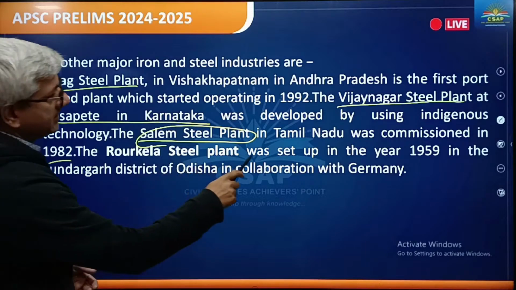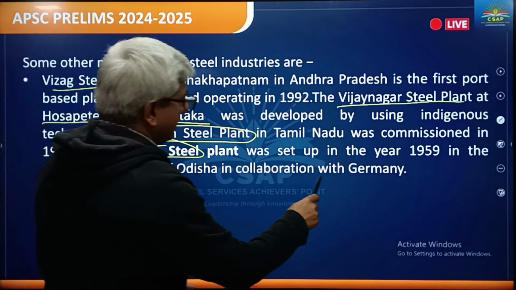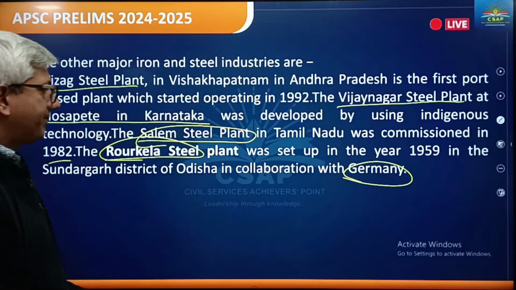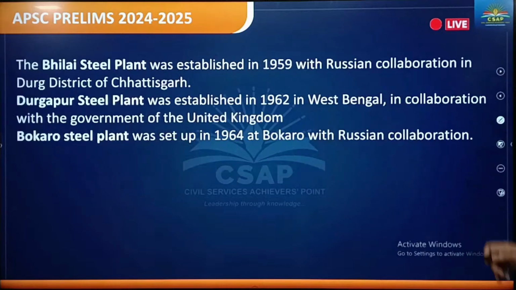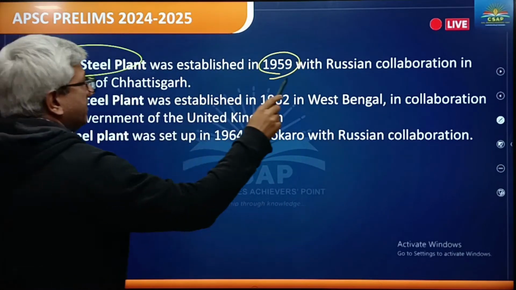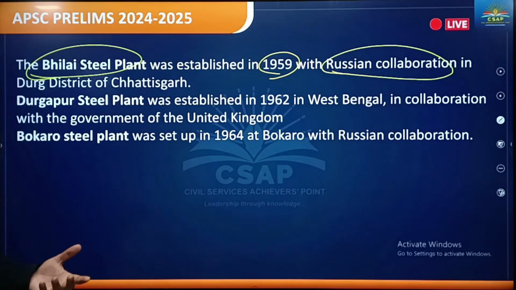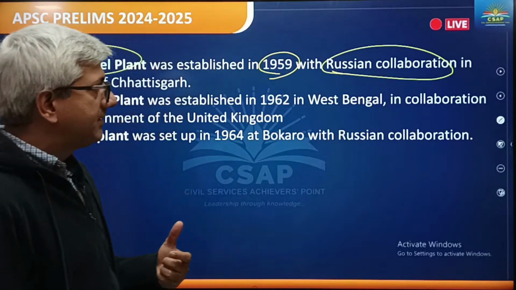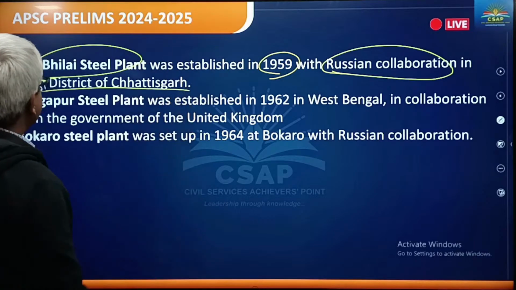Rourkela Steel Plant was set up in the year 1959 in the Sundargarh district of Odisha in collaboration with Germany. So Rourkela Steel Plant, again one of the oldest in India, was set up in 1959. Bhilai Steel Plant was established again in 1959 with Russian collaboration, because at that time we did not have that much technology or manpower, or that much investment power. So with Russian collaboration in Durg district of Chhattisgarh.